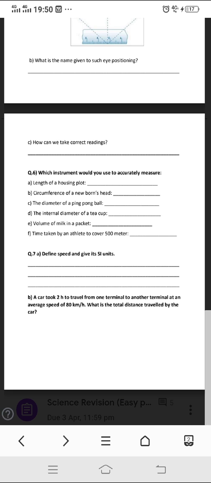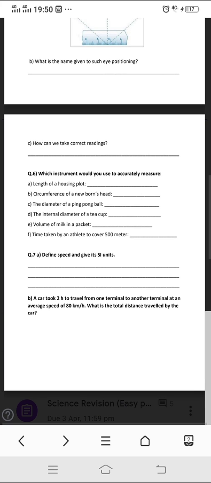Okay, now for 500 meter, for races, because athletes run and compete against each other, you preferably should use an electronic stopwatch. Why? Because that gives you an accurate measurement of time to 0.01 second.